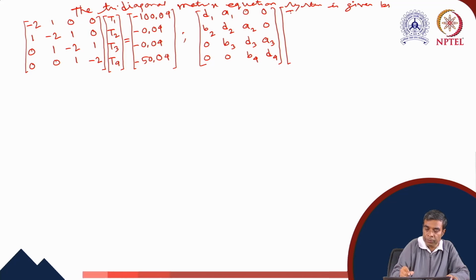Then we have T1, T2, T3, T4. In the right hand side we have C1, C2, C3 and C4.